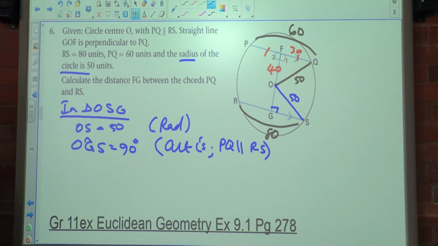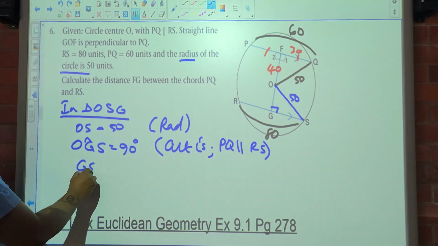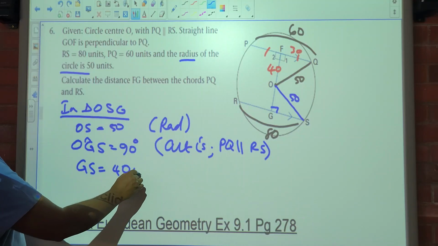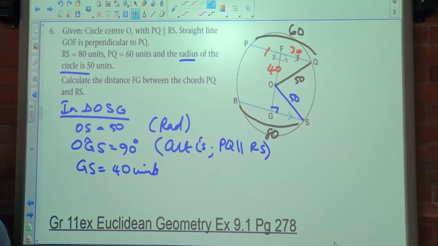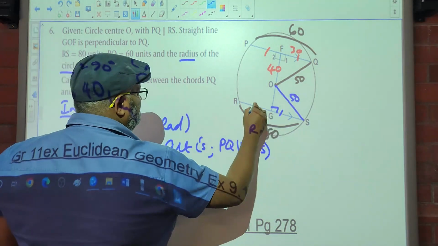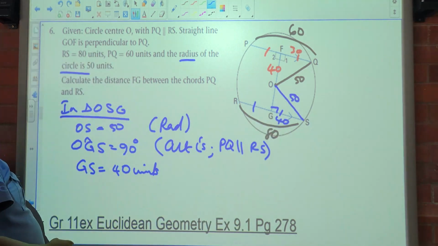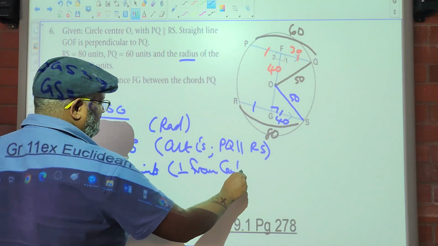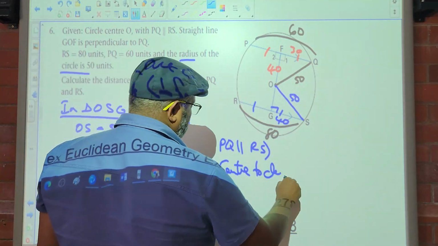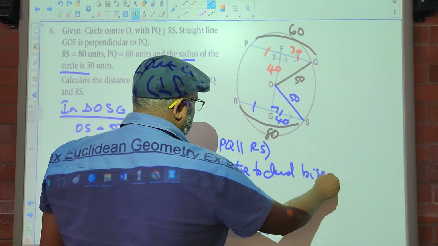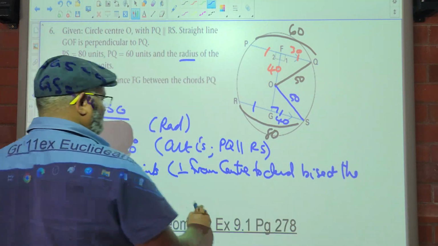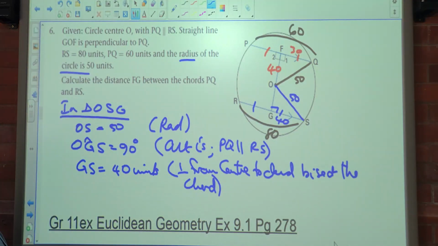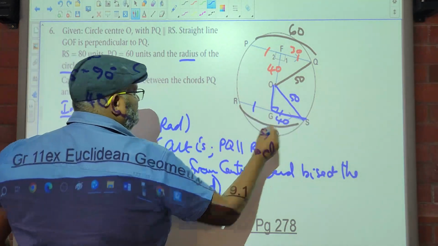Now we can say that GS is equal to 40 units. Why is that 40? Perpendicular from center to chord bisects the chord. Is that enough to do Pythagoras?